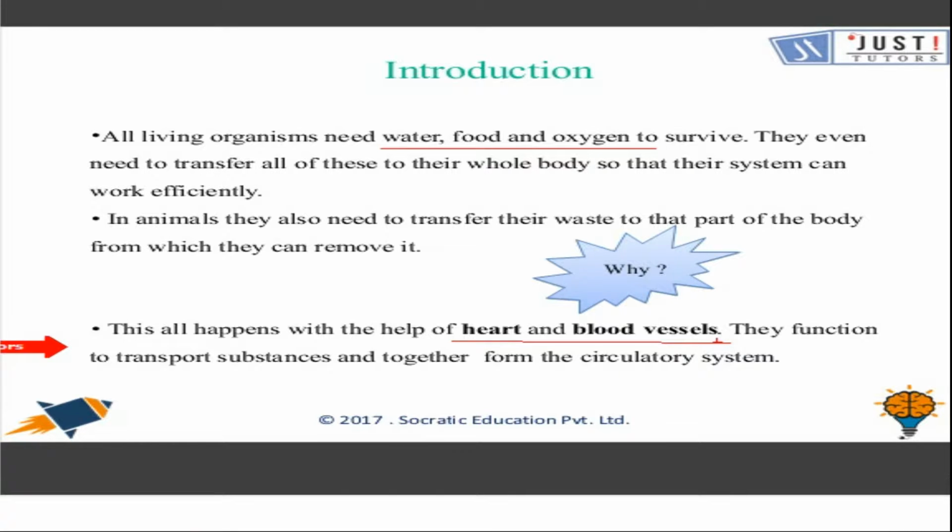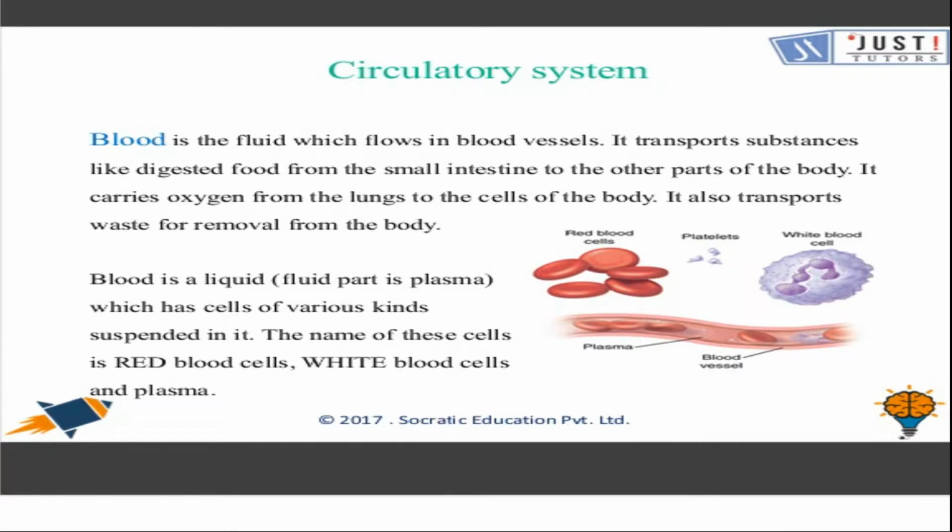Let's see some detail on the same topic, which is the circulatory system. Blood is the fluid which flows in blood vessels. It transports substances like digested food from the small intestine. You know there are 2 types of intestine, large intestine and small intestine.